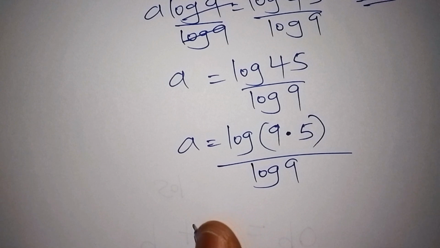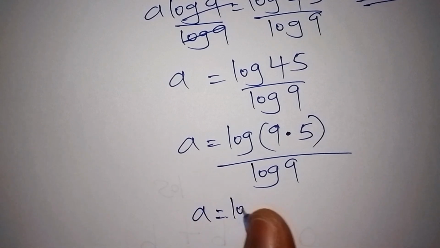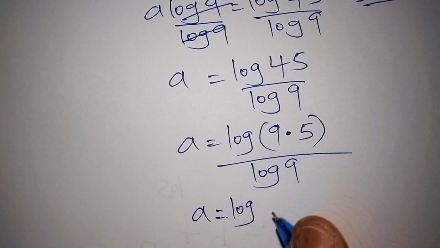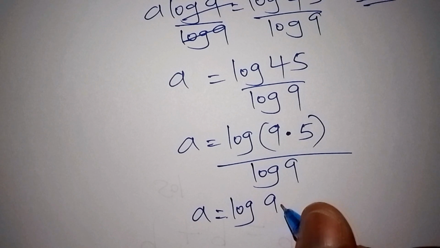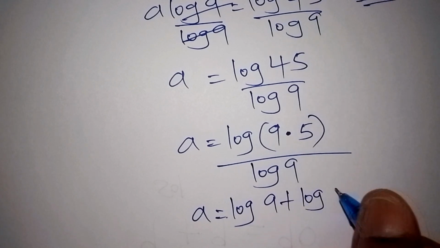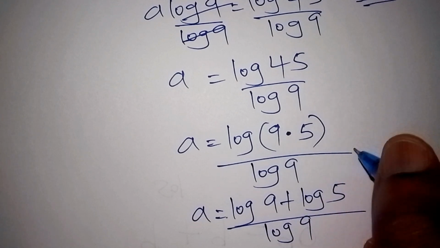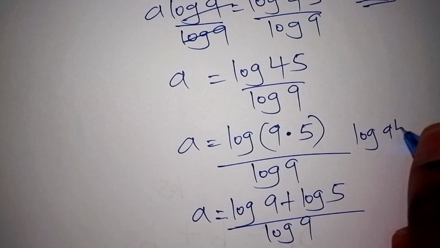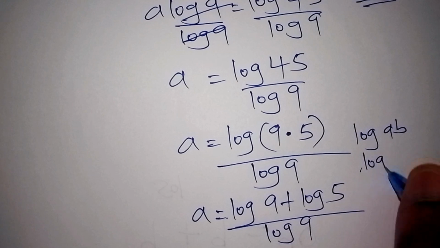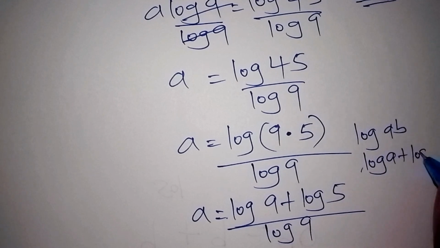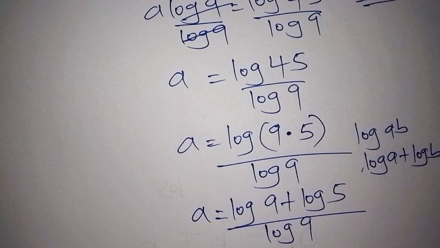So our a is equal to the log of 9 plus the log of 5, all over the log of 9. Why do I arrive at this? Because when you have the log of ab, this can also be written as the log of a plus the log of b.